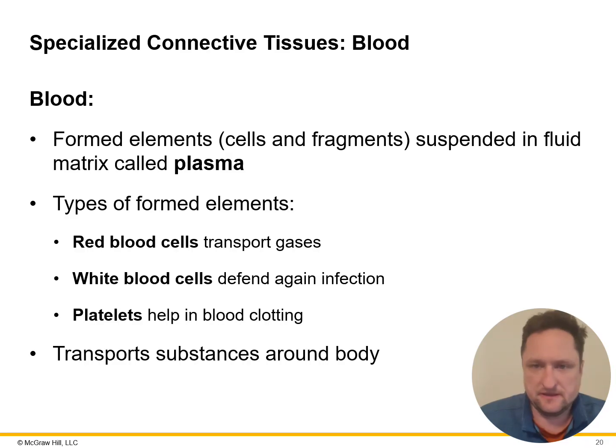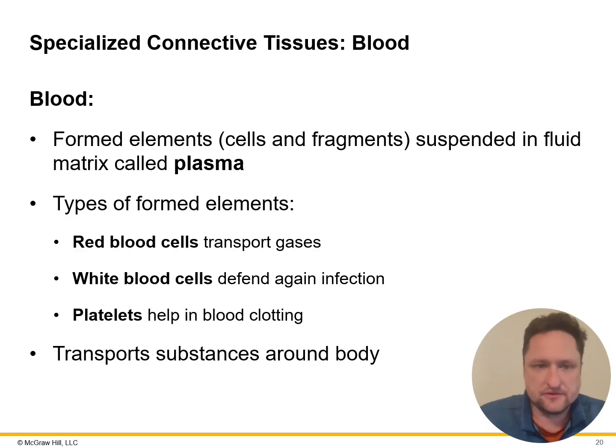Now, these are three things: red blood cells, which are also called erythrocytes, white blood cells, which are also called leukocytes, and platelets, which are also called thrombocytes. Red blood cells are responsible for carrying oxygen via hemoglobin, and they facilitate carbon dioxide transport.